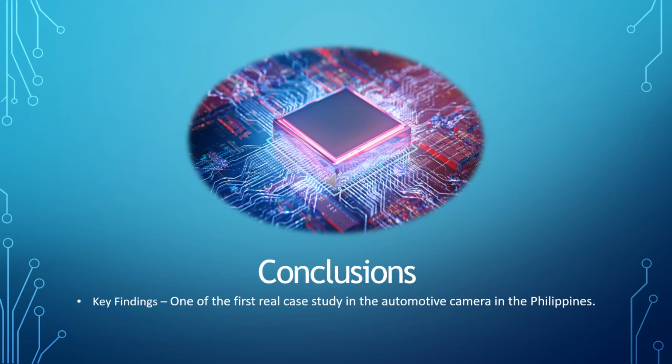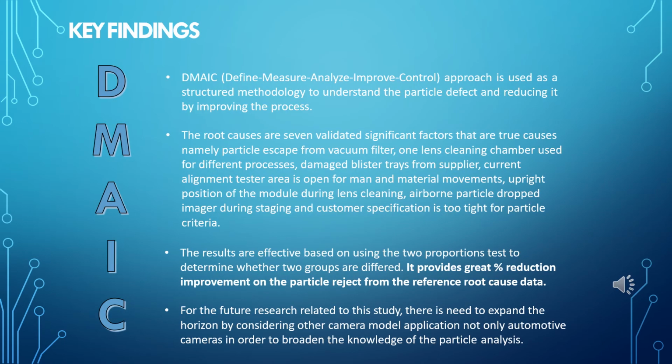Conclusions and key findings. The key findings of this study mostly revolve around the DMAIC approach, or Define, Measure, Analyze, Improve, Control, which is used as a structured methodology to understand the particle defect and reduce it by improving the process.